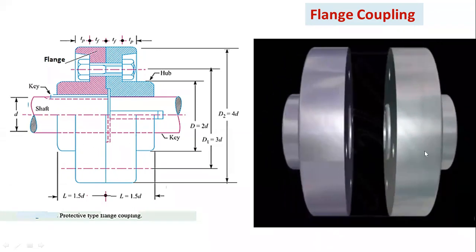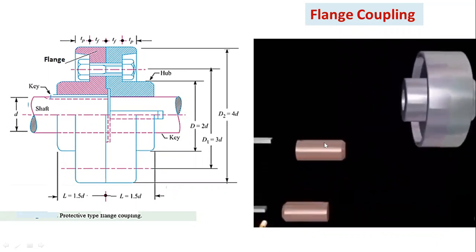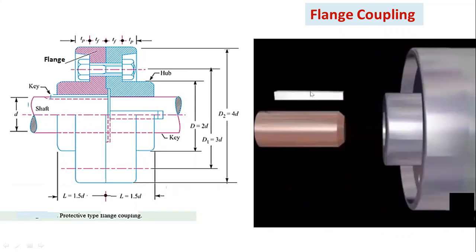These two are the flanges. These two are the shafts. This one is a sunk key.